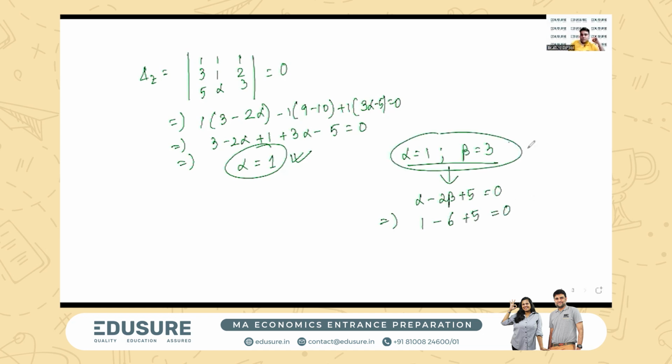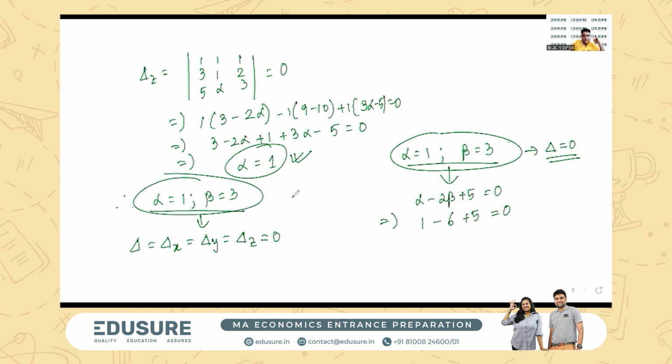So alpha is equal to 1, beta is equal to 3 will also satisfy delta equal to 0. Therefore, alpha equal to 1, beta equal to 3 will imply delta, delta x, delta y, delta z are all equal to 0, which will imply that for this value, I will have infinitely many solutions.